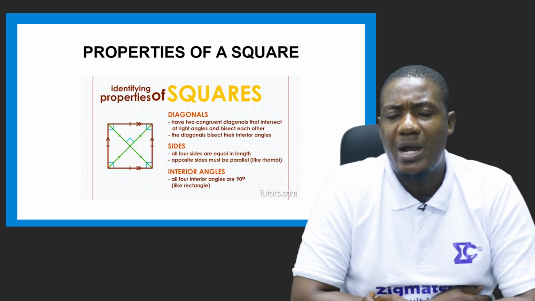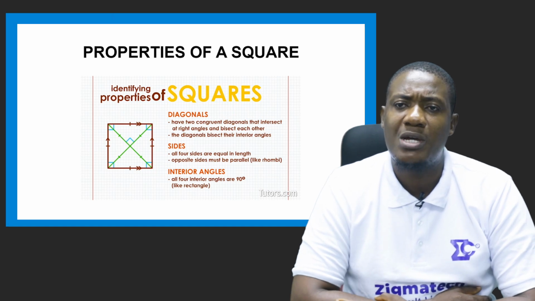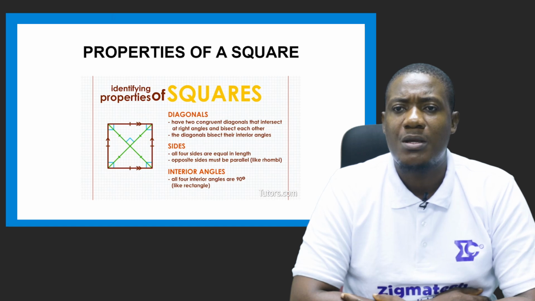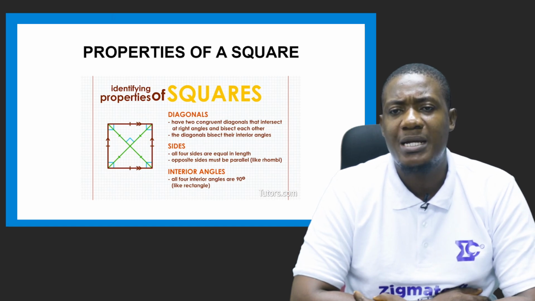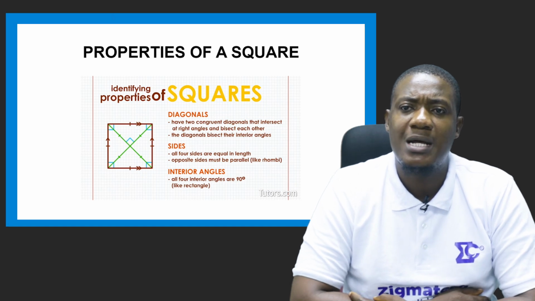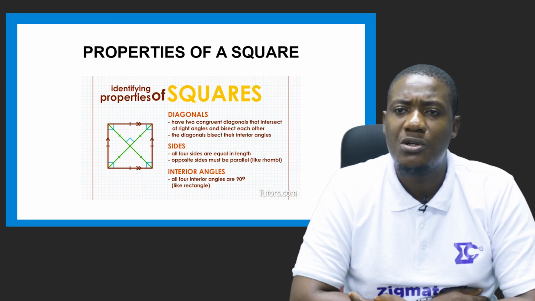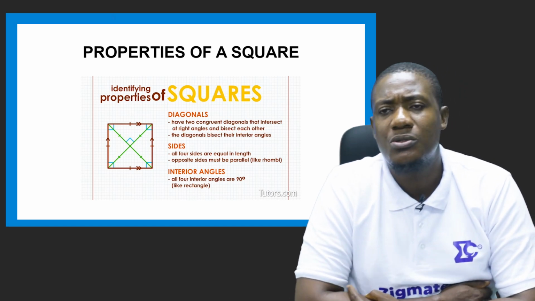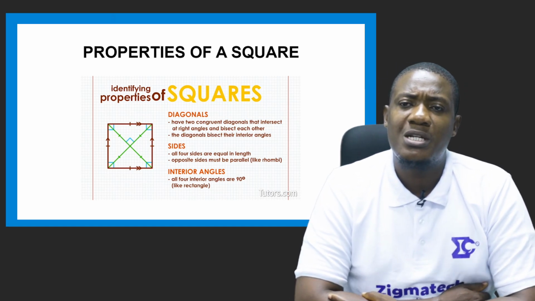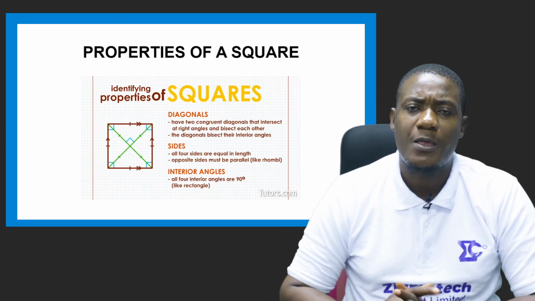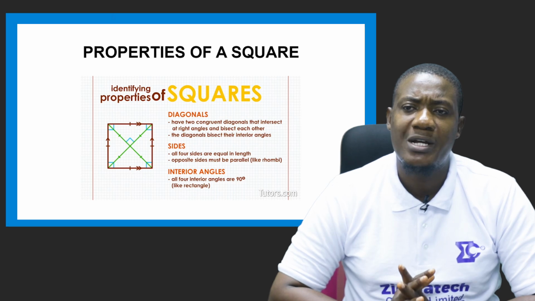Okay, a square is also another example of a quadrilateral. For a square, all sides are equal. A square also has 4 interior angles, which are all 90 degrees. I already told you that for a quadrilateral, the sum of the interior angles is equal to 360 degrees.